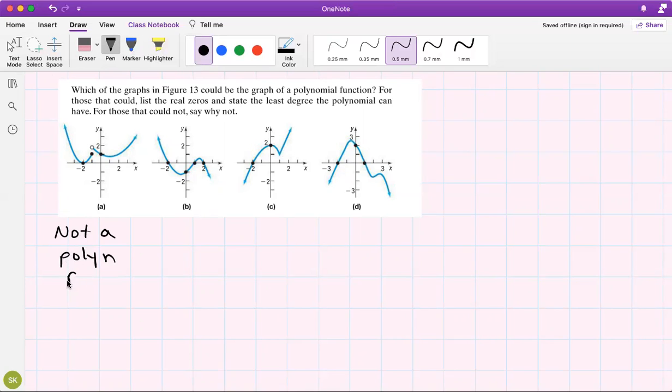Okay. How about this one? This graph is continuous. I can draw it without lifting my pencil, and it is smooth. Notice that anytime I have a turning point, I make a nice rounded edge. So this is a polynomial function.